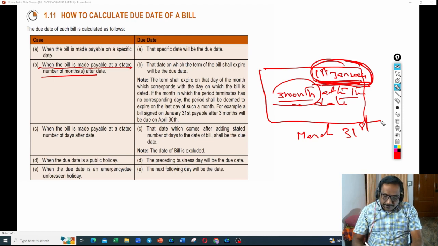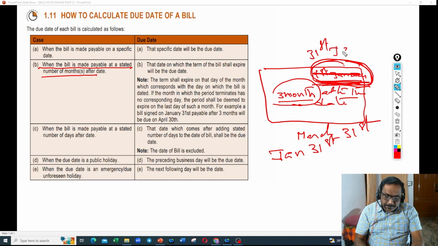Let us say the bill is written on January 31st. Here the date will be 31st January, payable after 3 months. January month we need not consider because 31st January is the month end.